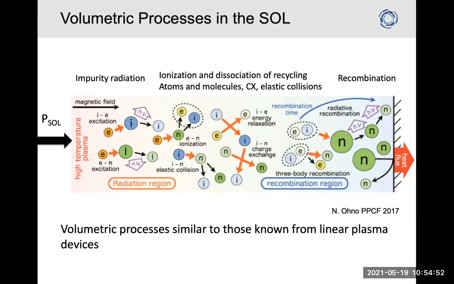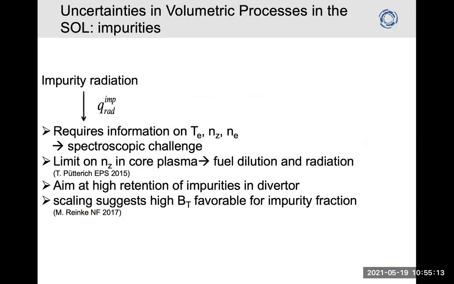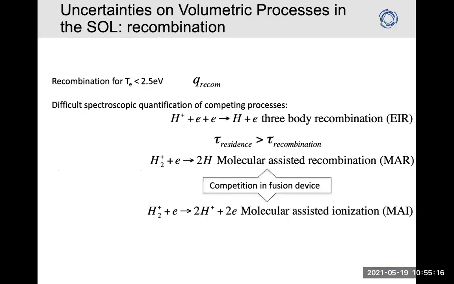How do I need to change my plasma conditions so that I can reach a condition where things are not just interesting from a physics perspective to analyze, but are becoming of relevance for a device? And for this, I need to check what are the key underlying physics processes, and are these of relevance? Yeah? And they become of relevance when three-body recombination becomes of relevance, and this becomes relevant if charge exchange processes are relevant.